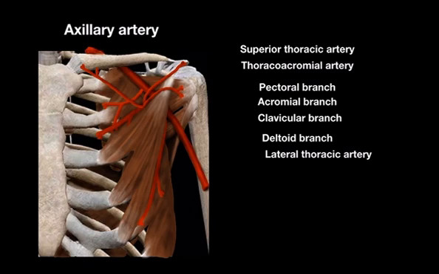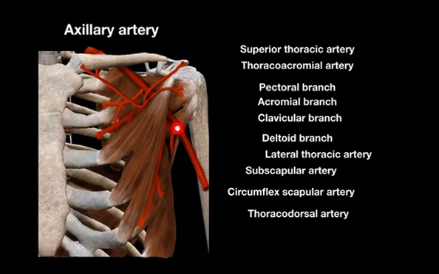Now, the third part of the artery gives off the largest branch of axillary artery, that is called subscapular artery. Just after its origin, it divides into two. You can see one of the branches going towards the scapula.